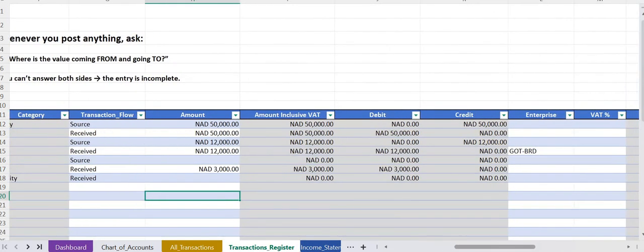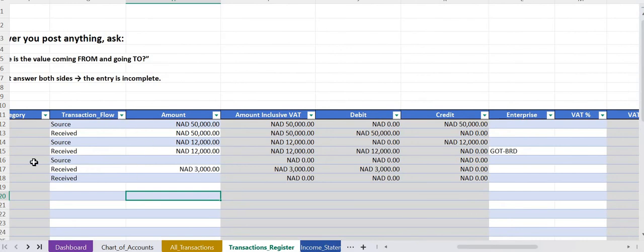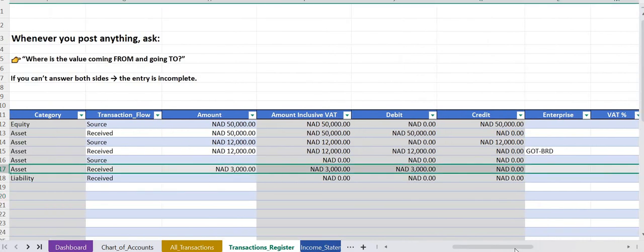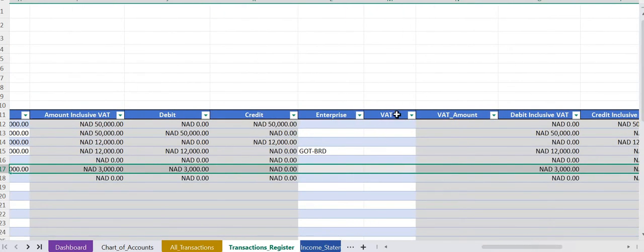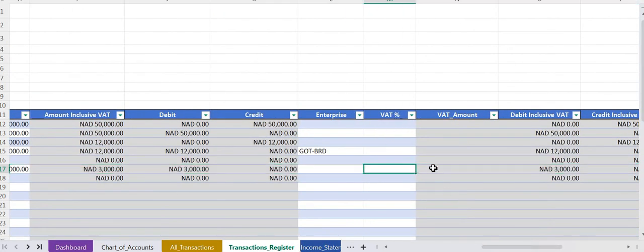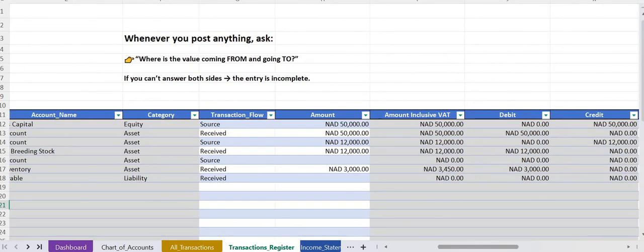So after you have put that in the same line, under VAT, you put in the 15% or whatever percent that you paid. When you do that, it will give you the VAT amount. Besides giving you the VAT amount, it also gives you the amount which is inclusive of VAT. So this is the amount that you take and put there. So 3,450.